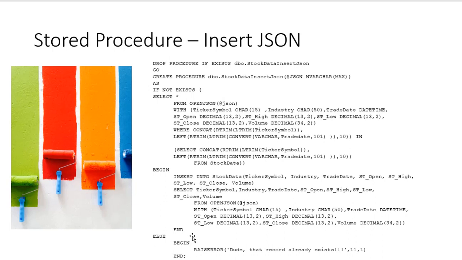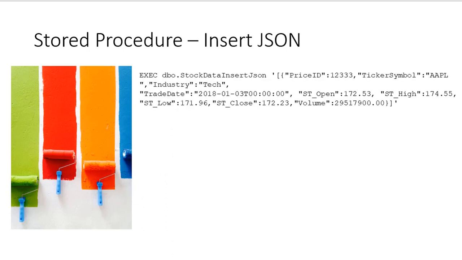It trims off several spaces and a little bit of the ugliness and lets us insert it. Here then is an exec statement, and we see that we execute the name of the stored procedure, and here to here is the JSON. So that's JSON that will be inserted, parsed, and then put into our table.